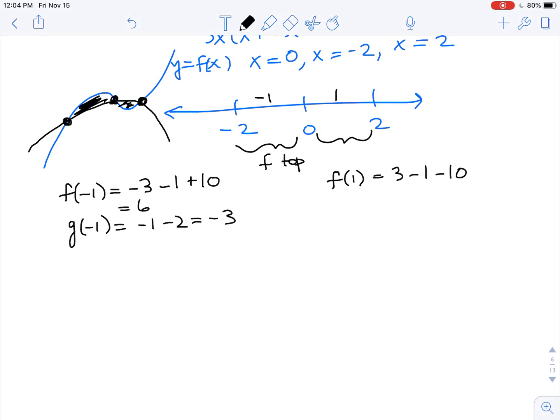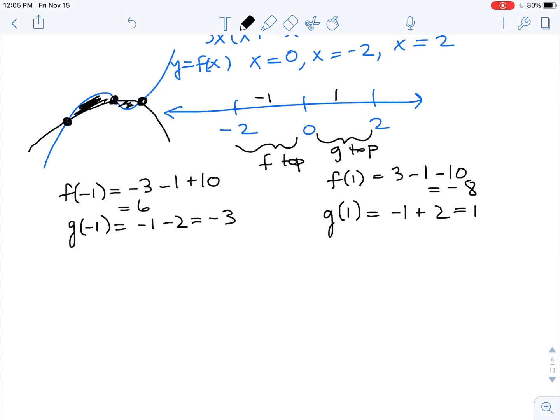So 3 minus 11 is negative 8. And then g of 1, I'm going to get negative 1 plus 2, I get 1. And so on this portion, g is on top.